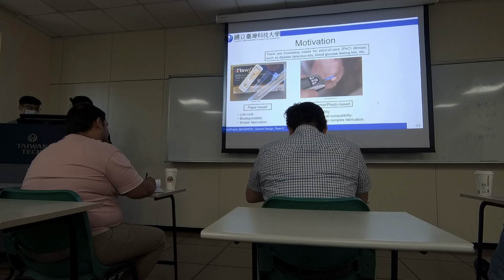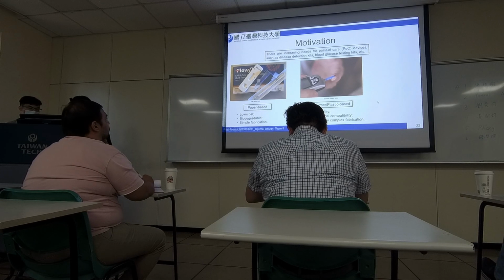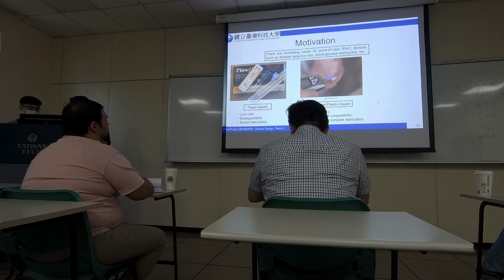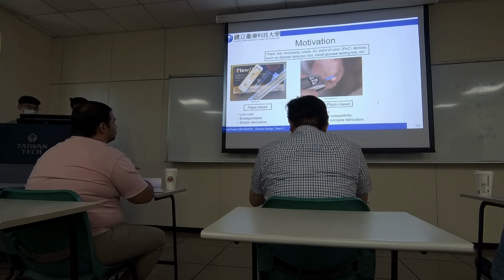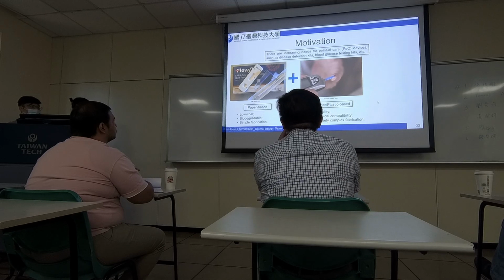Each has its own benefit. Paper-based devices can be manufactured at low cost and are biodegradable. Polymer or plastic-based devices are durable and can withstand many types of chemicals. So people started to think, how about we combine them together? Maybe we can have more applications.